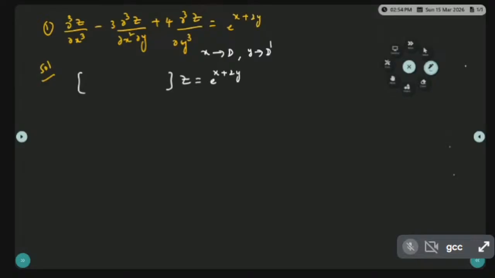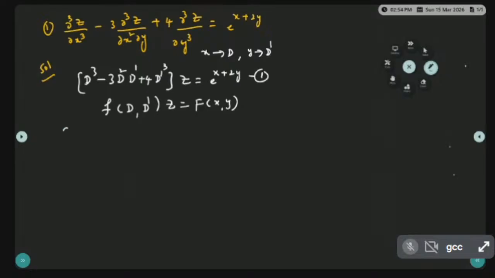D cube minus 3 D square D dash plus 4 D dash cube. This is in the form f of D, D dash into z equal to f of x comma y.